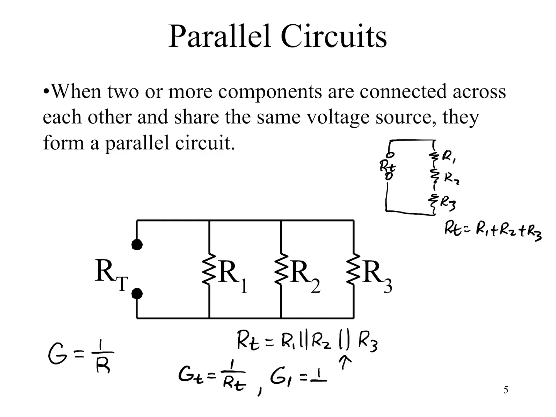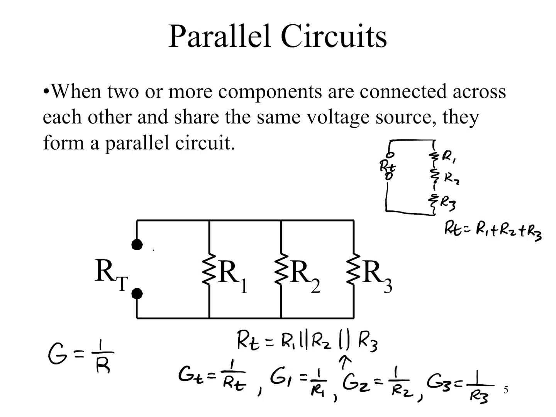G1 equals 1 over R1, G2 equals 1 over R2, and G3 equals 1 over R3. Knowing that, and knowing that every time we add another branch, we've added more conductance.